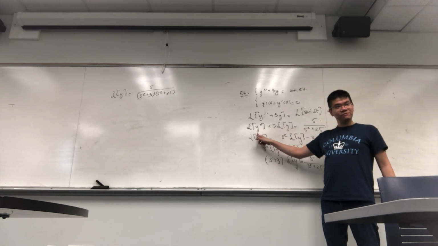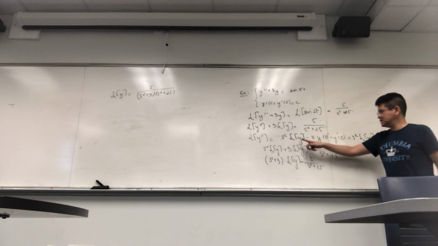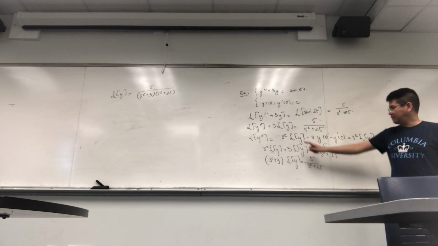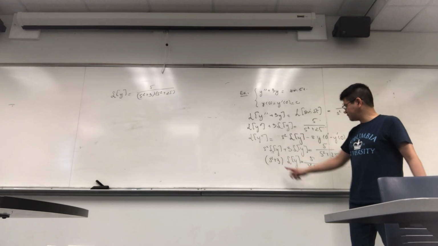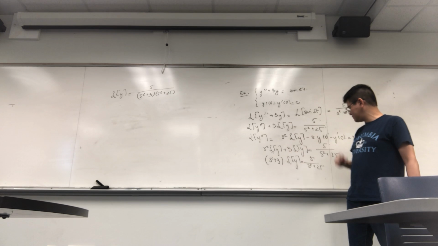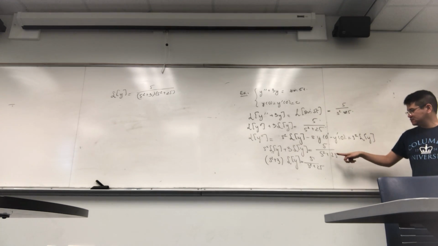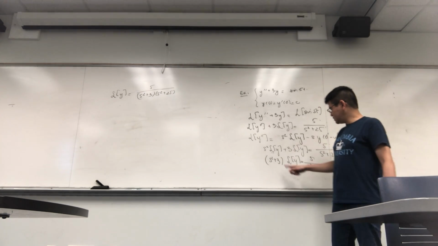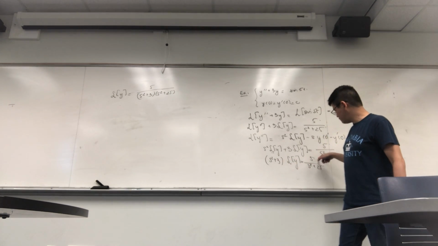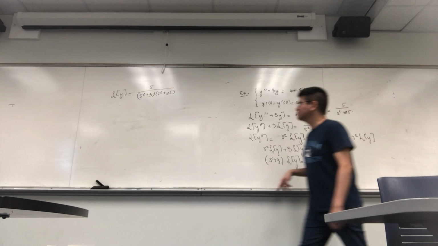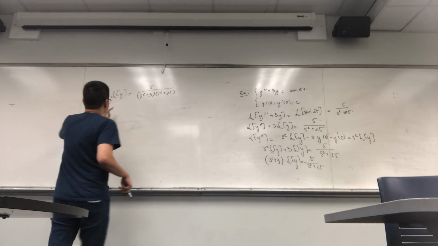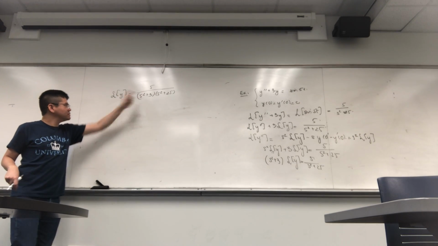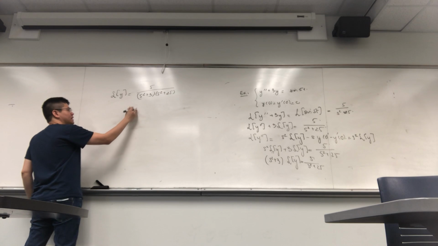So the Laplace transform y second gives me s squared Laplace transform y. I plug this back into the equation. I have s squared Laplace transform y plus 3 times Laplace transform y is 5 over s squared plus 25. So here I have s squared plus 3 times Laplace transform y equals 5 over s squared plus 25, which means that Laplace transform y is going to be 5 over s squared plus 3 times s squared plus 25.